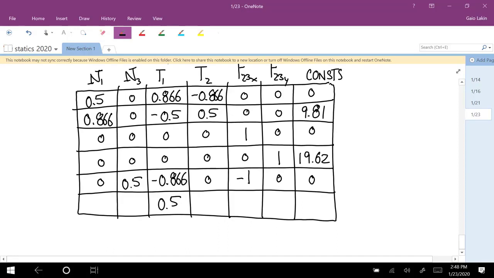N3 is positive 0.866. F23y is negative 1. And the constant is positive 29.43. And then zeros.